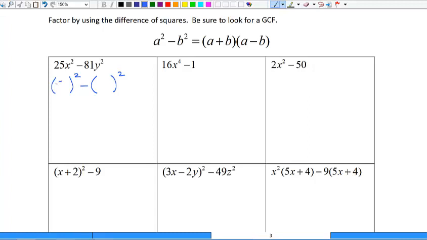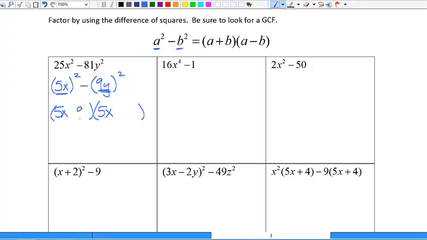25 can be rewritten as 5 squared. 25x squared can be rewritten as 5x times 5x, or 5x quantity squared. 81y squared can be rewritten as 9y squared. So now the 5x is like my a being squared. My 9y is like my b being squared. And my formula says a plus b and a minus b, which means the 5x goes in the fronts of both my parentheses.